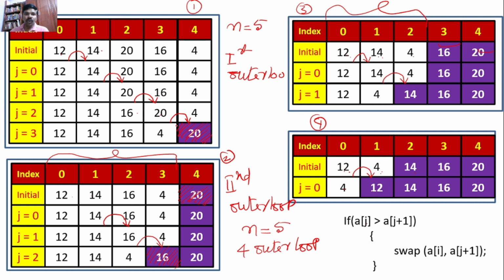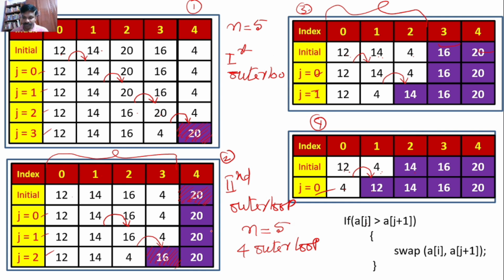And for each outer loop, in the first outer loop, 4 inner loops are to be performed. In the second outer loop, only 3 inner loops are to be performed. In the third outer loop, only 2, and in the fourth outer loop only 1.